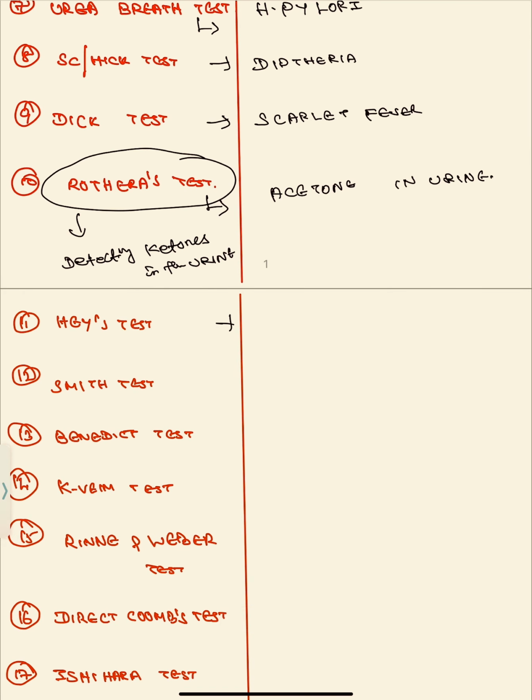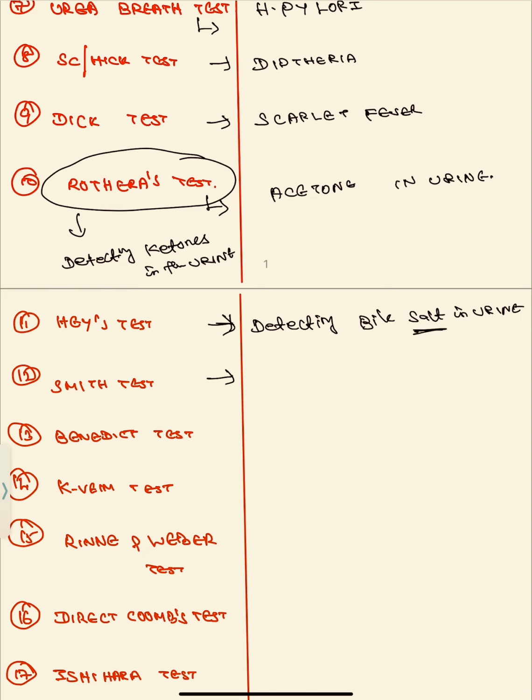Hay's test. Hay's test is for detecting bile salts in the urine. Smith's test detects the bile pigments in urine.